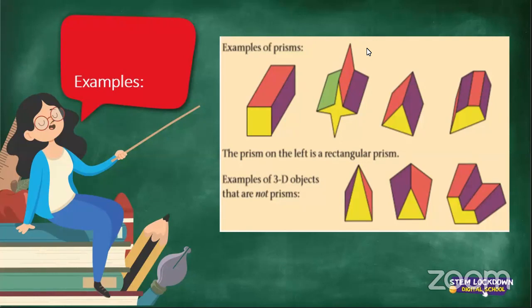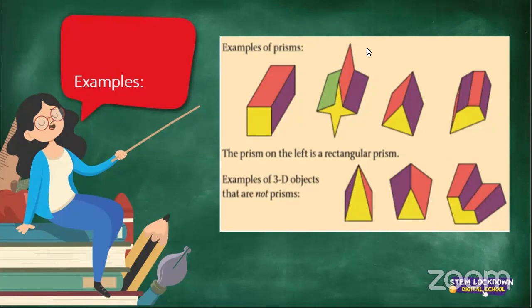That's correct. They don't have a 2D shape on either end which is the same size, which is correct. Donovan is saying they are all prisms because they're examples of prisms.